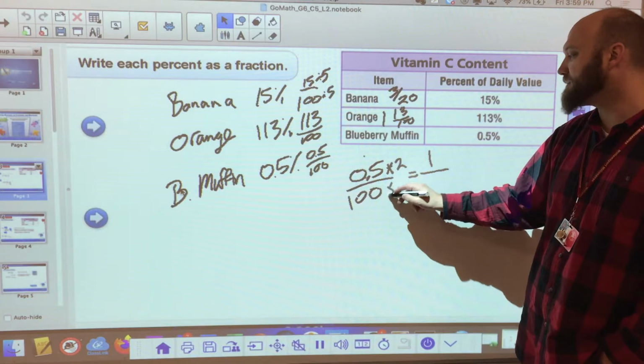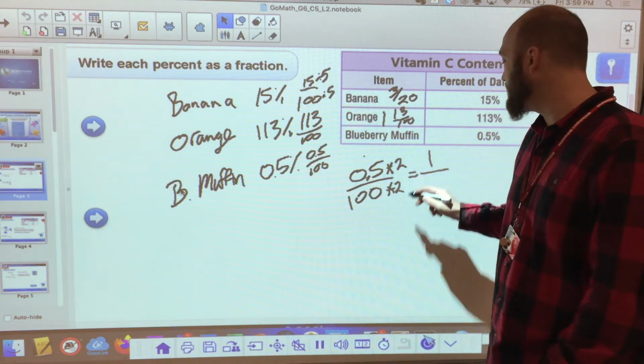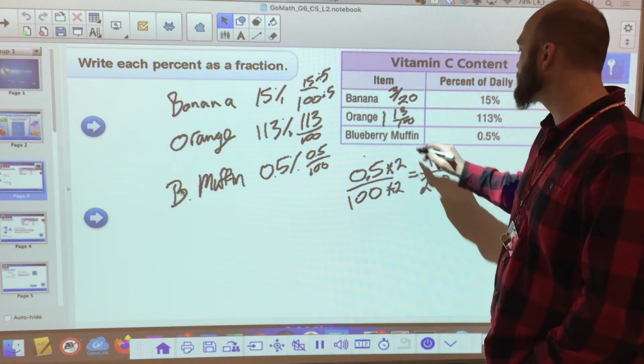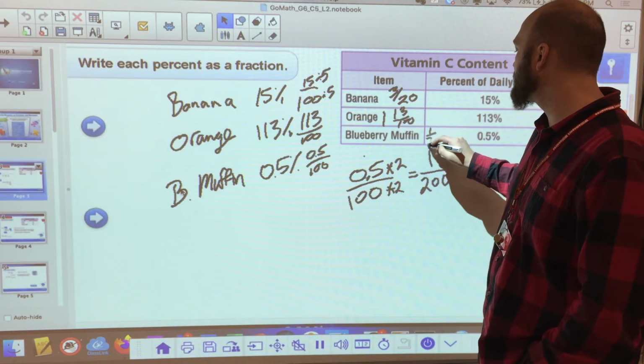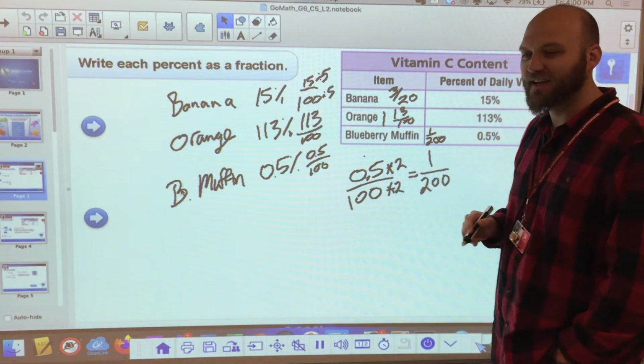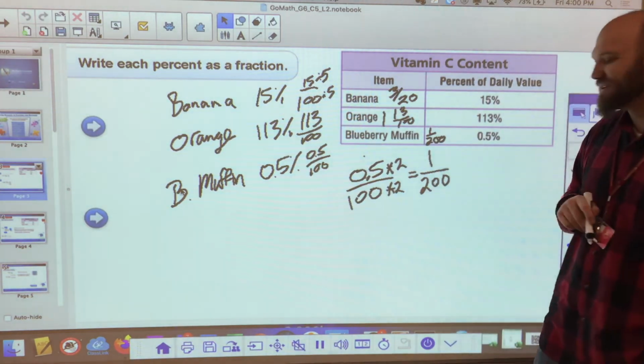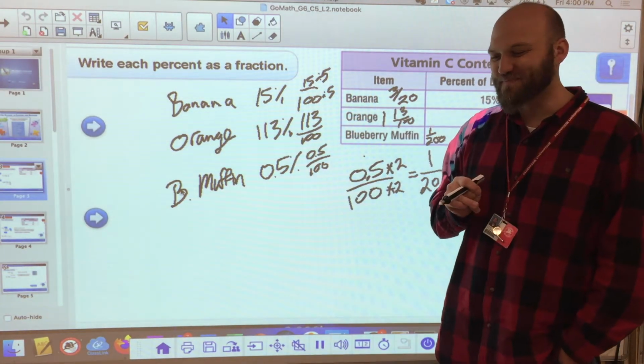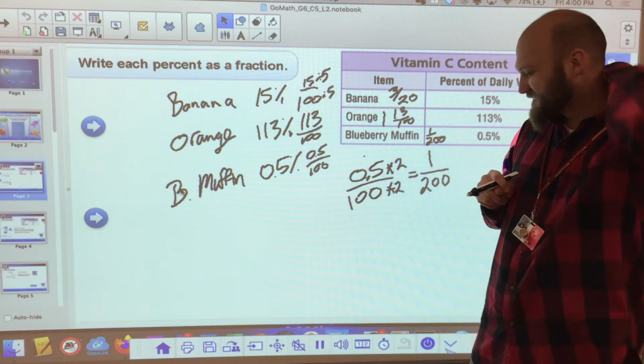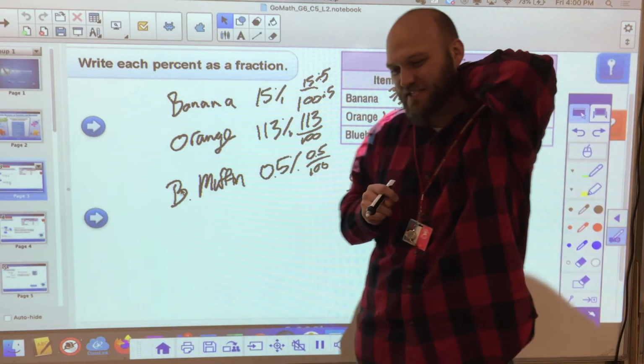So if I multiply the top by 2, I have to multiply the bottom by 2, and I end up with 1 over 200. Again, I'm going to get less than 1%, 0.5% out of my blueberry muffin for my vitamin C content.